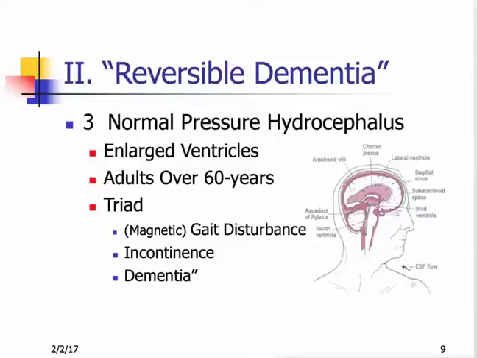And what this is actually due to is the ventricles being enlarged such that they place pressure on the white matter tracts. The way this is treated, oftentimes, if the person clearly has this, is they'll have a shunt. I've talked to people who've had this diagnosis before.